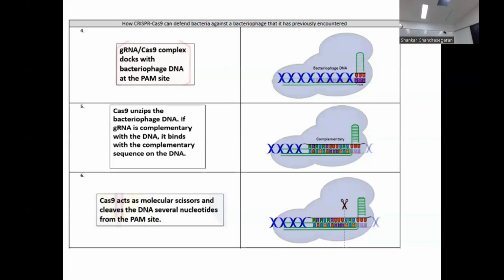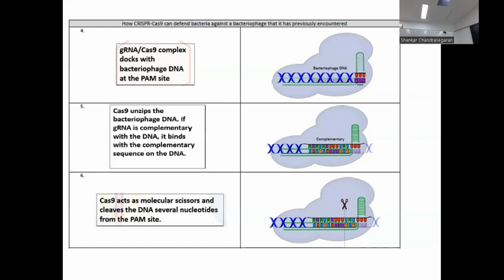If it finds one, there's two things it needs to do before it can be sure that that's a complementary sequence. The first thing is that it identifies the first recognition site, which is the PAM sequence. The CRISPR-Cas9 complex identifies the PAM sequence in the DNA of the bacteriophage, and only then is the second verification done, where it checks for a complementary sequence against the rest of its guide RNA. So first, the PAM sequence is checked.